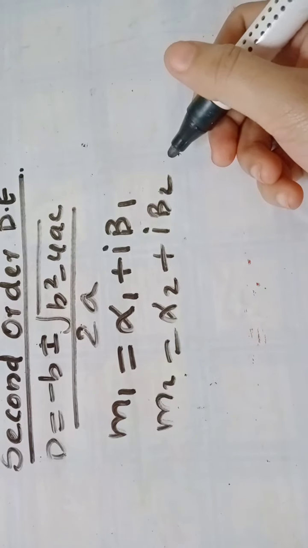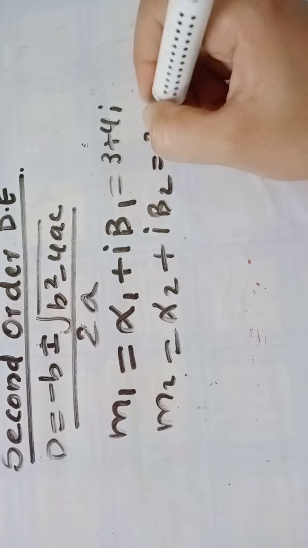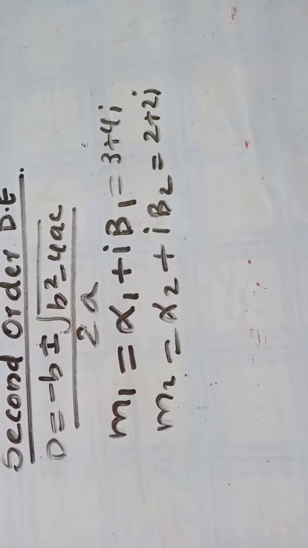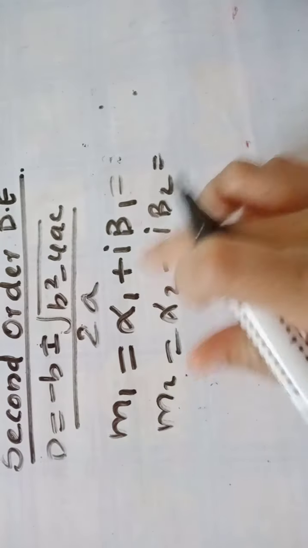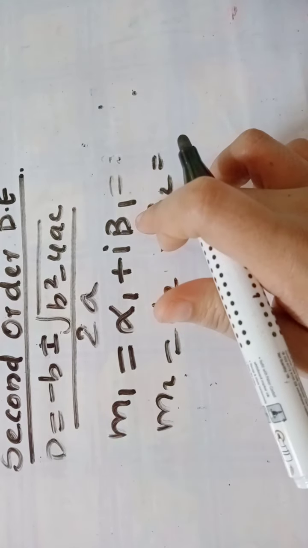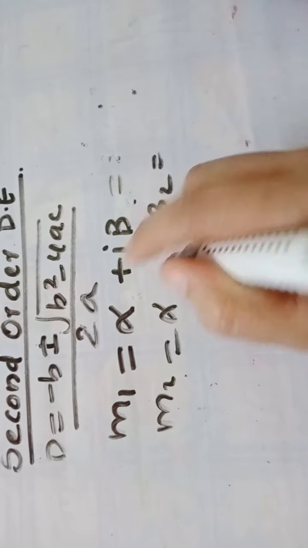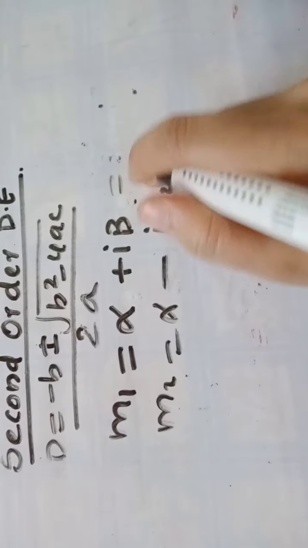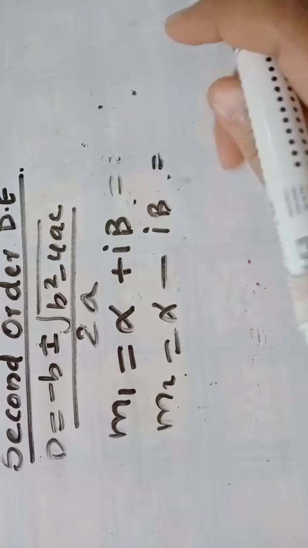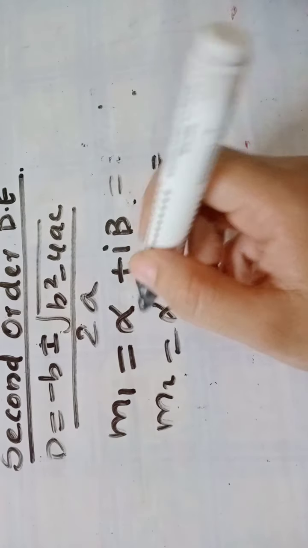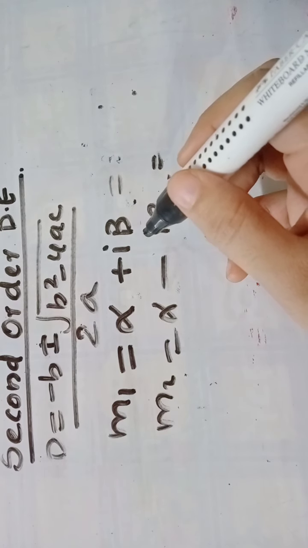This is a general representation of an imaginary number, like 3 + 4i or 2 + 2i. So the two imaginary roots are, sorry, m1 = α + iβ and m2 = α - iβ. These are the two roots.